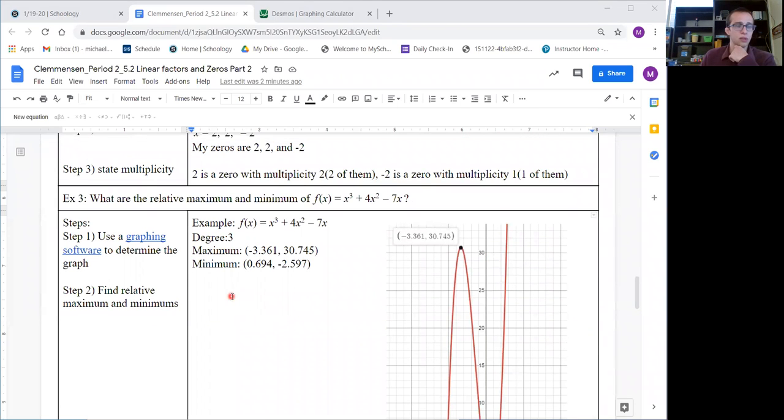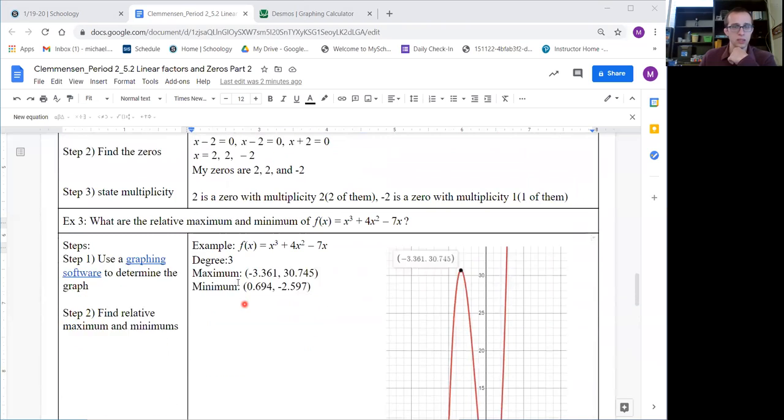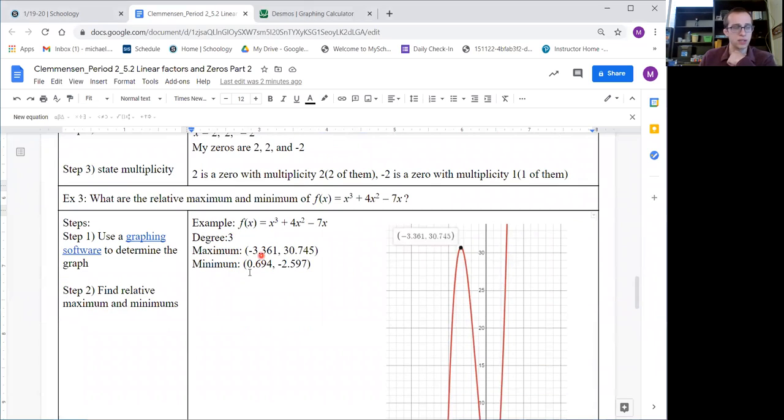Someone said, how do I find the degree part again? So again, the degree is just my highest exponent. So my biggest exponent is x cubed. So my degree is 3. For the most part, for a couple of specific things, my number of maximum minimums will be 1 less than the degree. All right, so my degree is 3, so my maximum minimum will be 2 of them.